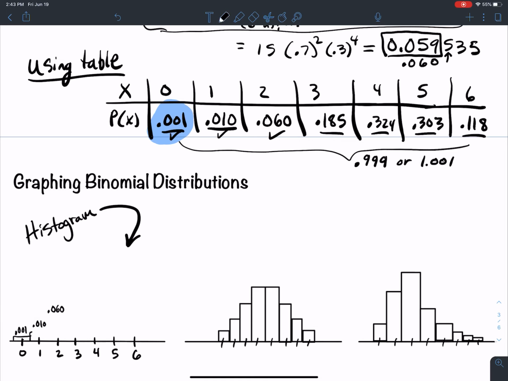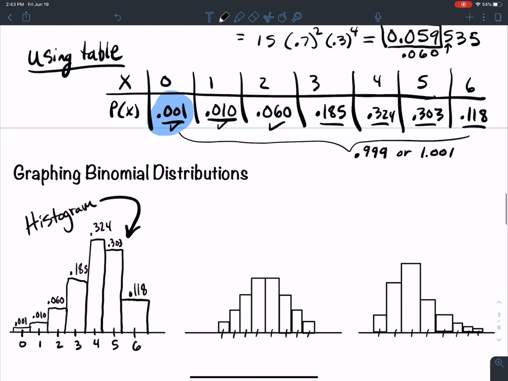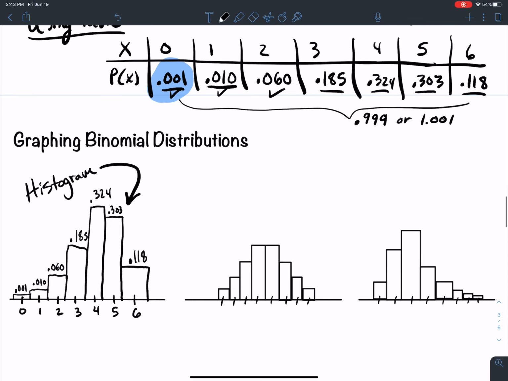All right, so 0.185, and then 4. Sorry, they should be straight. 0.324, and then 5 is a little lower at 0.303, and then 6 is here at 0.118. Now, what do you notice about this distribution?